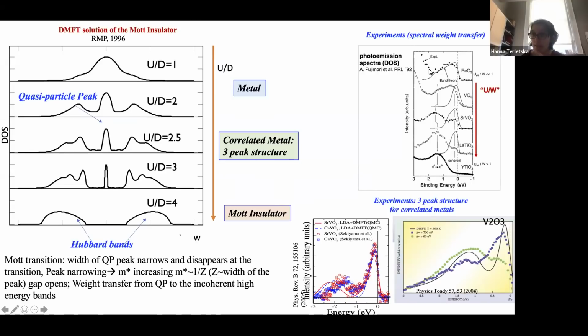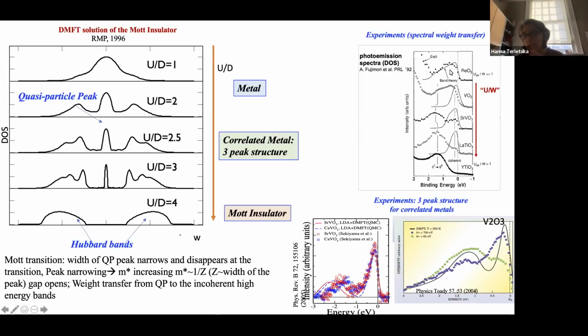Such a transfer of spectral weight from the central peak to the Hubbard subbands has actually been seen experimentally in 1992 in a series of transition metal oxides, and it's shown here. The experimental data are the squares, and band theory is the solid lines. You can see that only for very weakly, basically non-interacting systems, is band theory good.